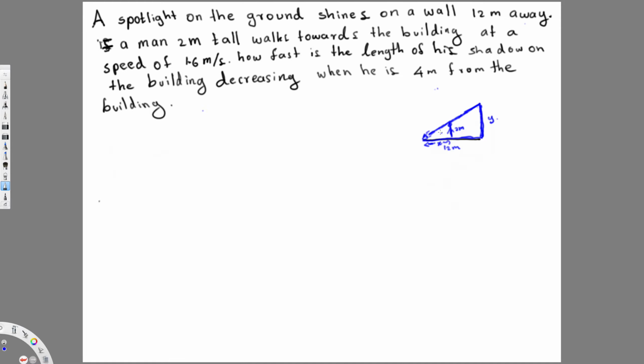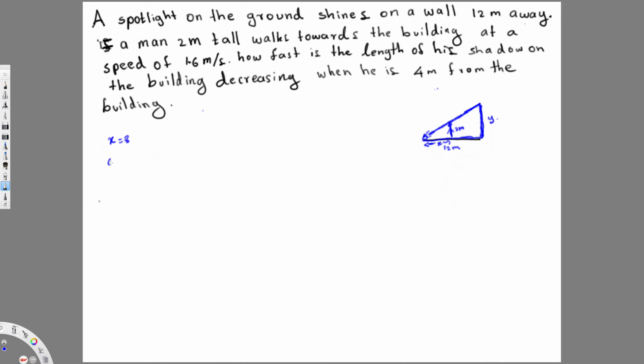If this is the man, and this is x, they are asking how fast the length of the shadow on the building is decreasing when he is 4 meters from the building. If he is 4 meters from the building, he's going to be 8 meters here, because the total is 12. So we know x is 8. And also his speed is given as 1.6 meters per second.